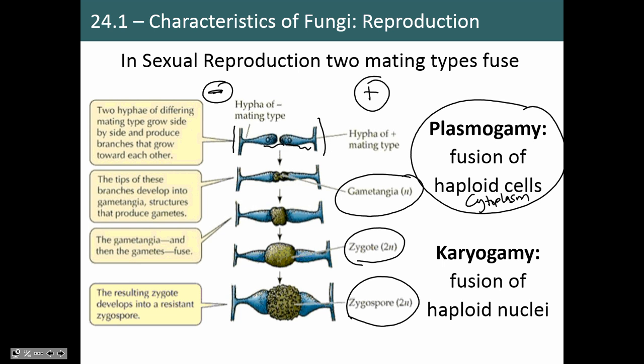And then there's the karyogamy, which is the fusion of the haploid nuclei. And sometimes the nuclei fuse before the cells completely finish fusing. Other times the cells fuse first, and then there's divisions that occur before the nuclei actually join together. And so the timing of these two steps varies greatly depending on the type of fungus that you're looking at. Okay. And presumably that has advantages for how that particular organism grows and reproduces.